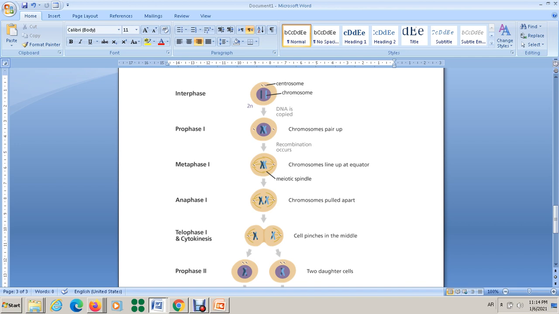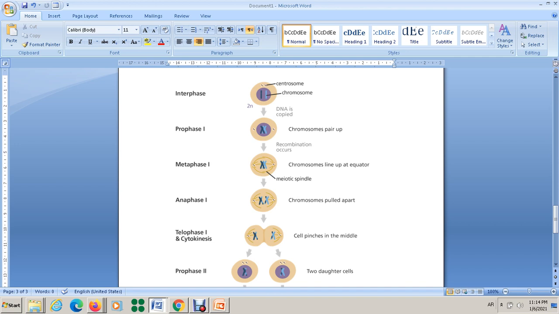Then in anaphase 1, the chromosomes separate from their partners and move to opposite ends of the cell. Okay, the whole chromosome, don't forget. In telophase 1 and cytokinesis, the nuclear membrane reforms and the cell divides into two cells. The chromatids are still joined.